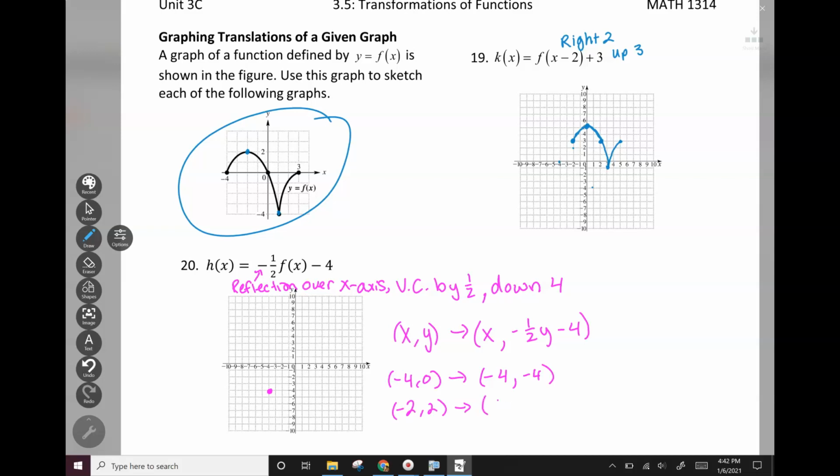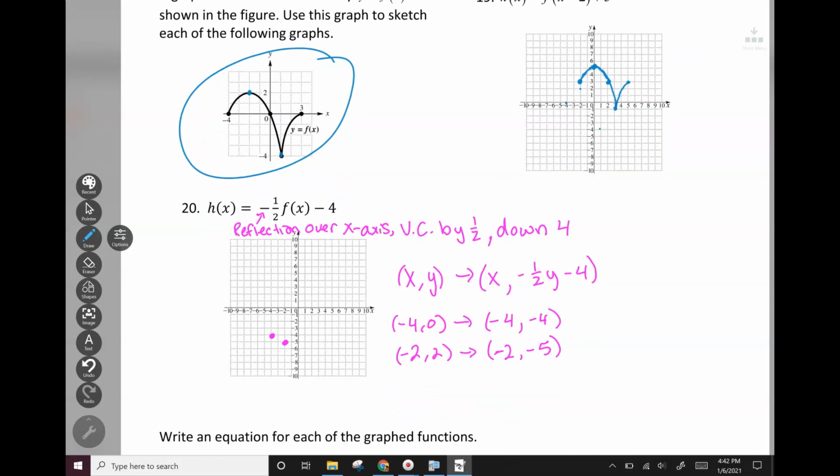The x value is not going to change, but I've got -1, -4 is -5. So -2, -5. Zero, 0. The 0 won't change. That gives me -4. So 0, -4.